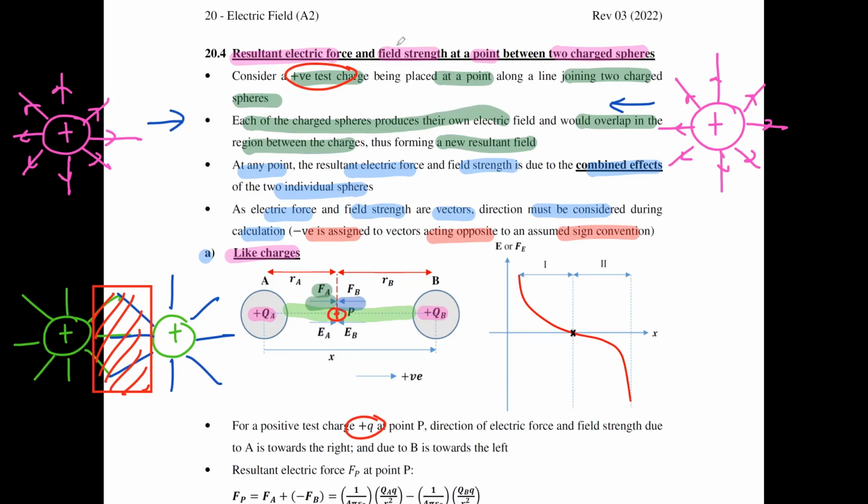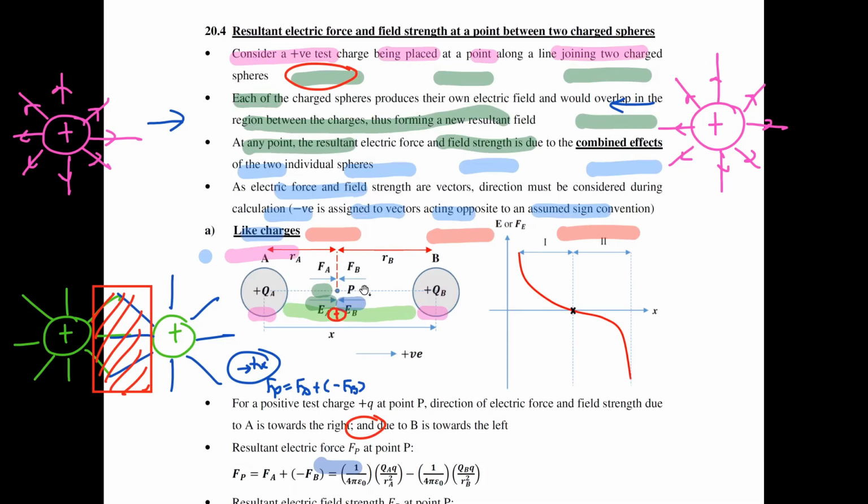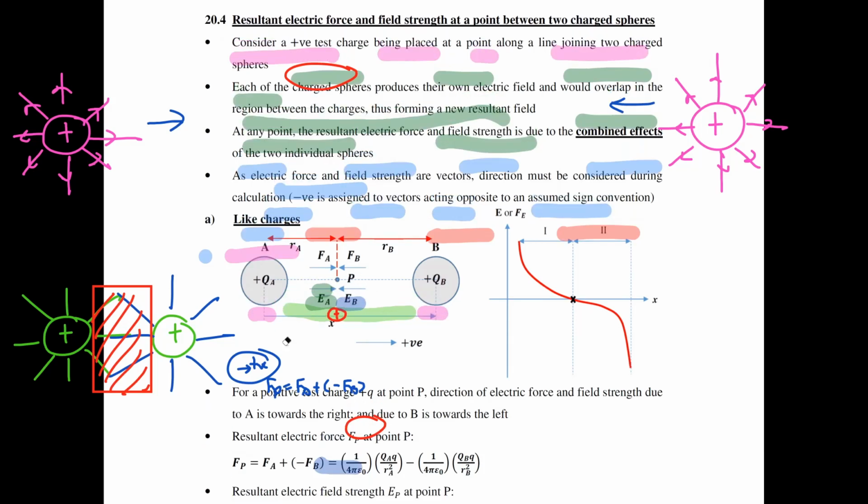If you then want to find out the resulting electric force there, we call this FP, it is actually going to be FA plus negative FB. Here you're assuming that going towards the right is positive. Once you consider that your resulting electric force is FA plus FB, you can now further expand your equation.